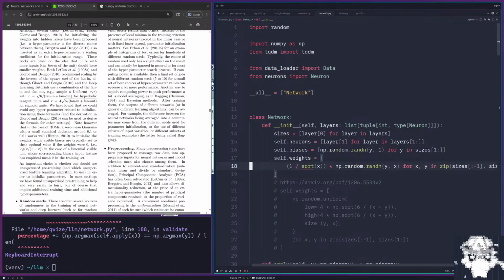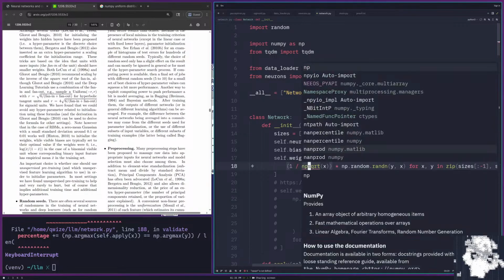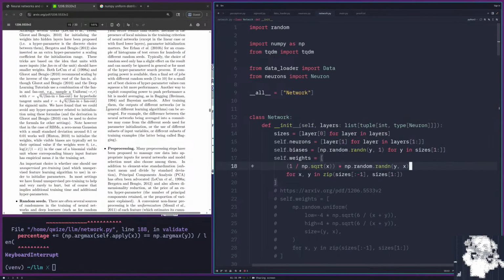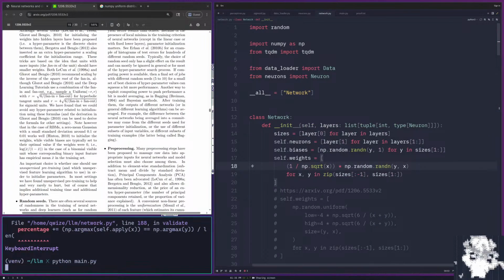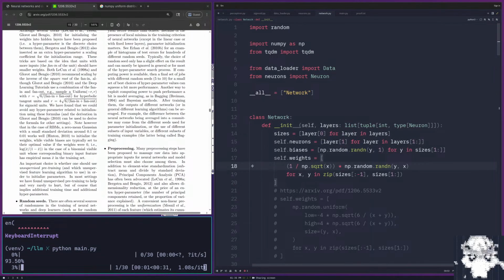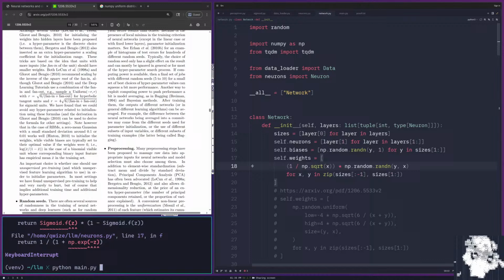Honestly, that is the thing that did the best. I don't know why. So 1 over square root of the fan-out is working really well.